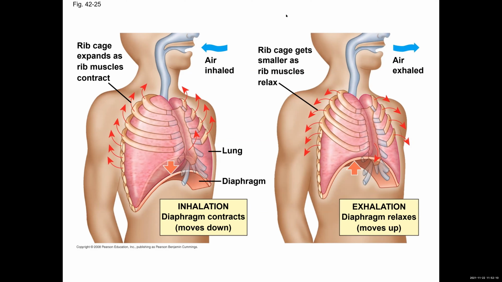So when we exhale, our rib cage is actually squeezing down on that space. So we're going to push the air out by making that chest cavity smaller. And then when we relax those muscles, contract the diaphragm and the rib muscles, it makes the thoracic cavity larger.